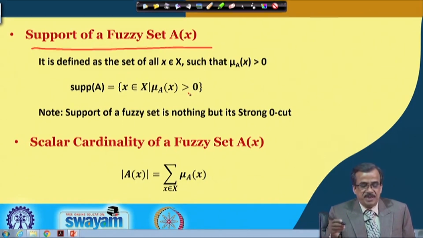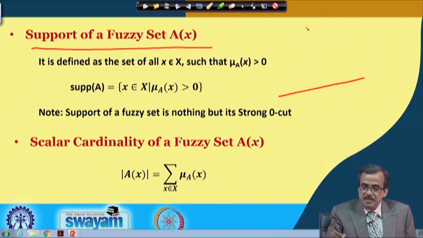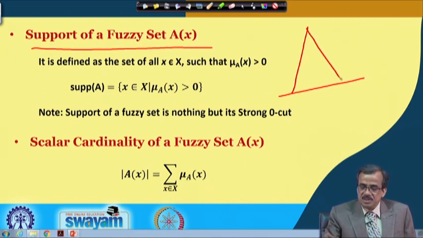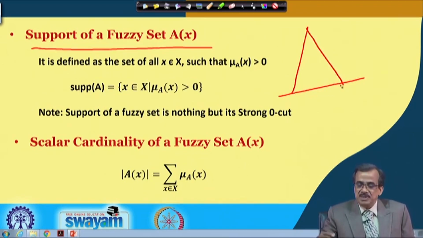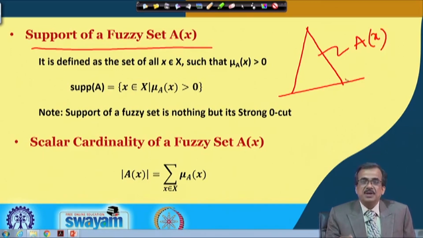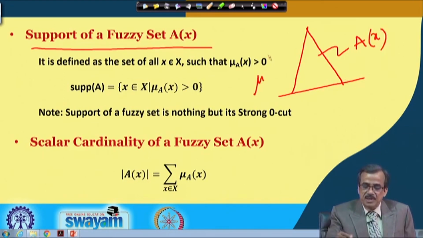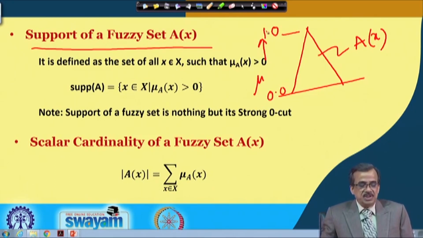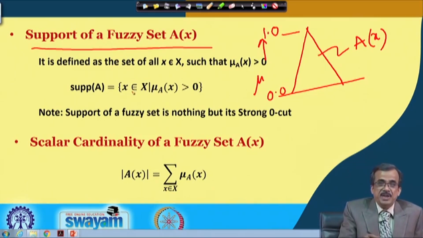Now, let me consider a particular fuzzy set, the triangular membership function distribution. This is nothing but A(x), and mu is along this direction. This is 0.0 and corresponding to this is 1.0. Let me read the definition once again.